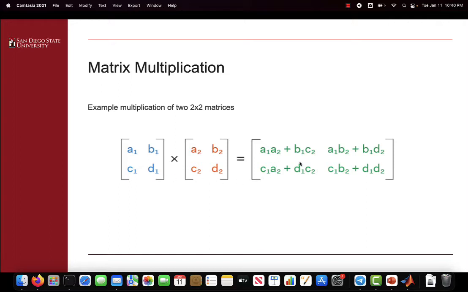In the same way, the last element will be C1 times B2 plus D1 times D2, and we can add them. And matrix division is a little bit complex, so we don't cover that in this video.